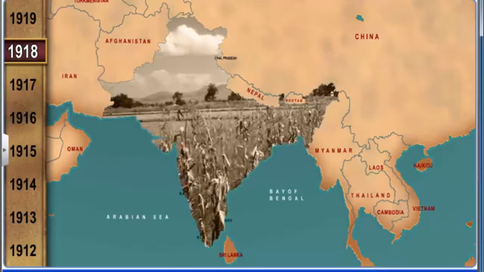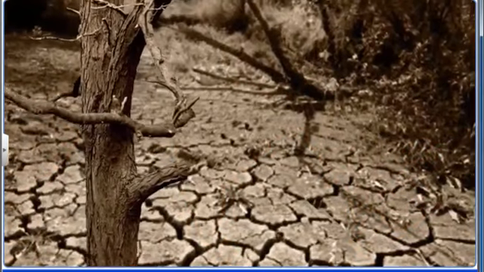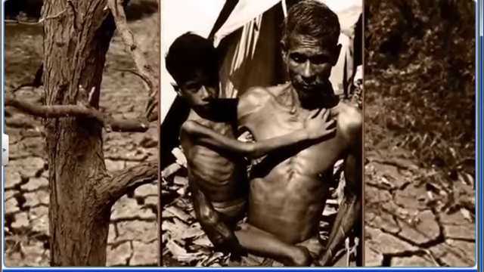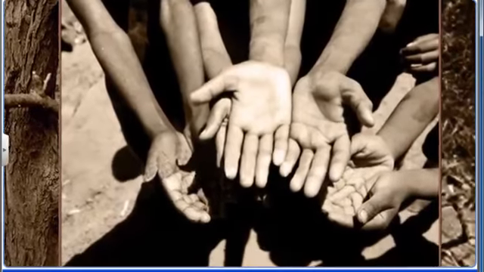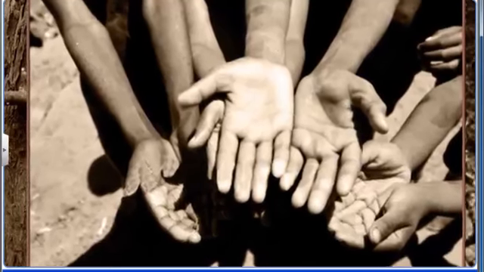To make matters worse, the crop failure was further followed by famines and outbreak of influenza. This harsh social and political situation set the stage for the beginning of the nationalist struggle in India.